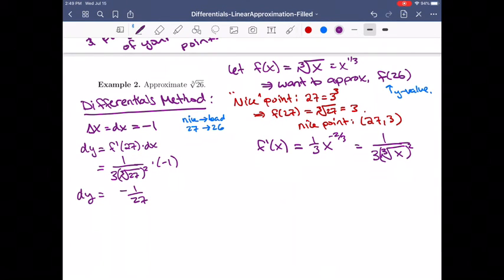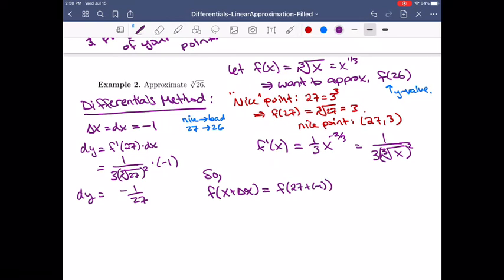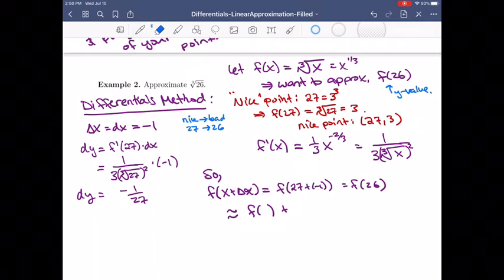Okay, so f of x plus delta x, my y value. Here this is f of 27 plus negative 1, which is actually f of 26. That's the thing I wanted. Using the formula, this is approximately f of 27, that's my nice point, plus dy.